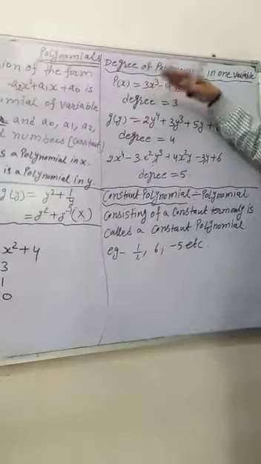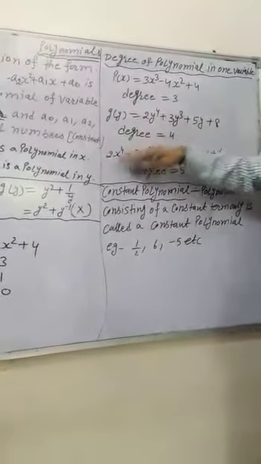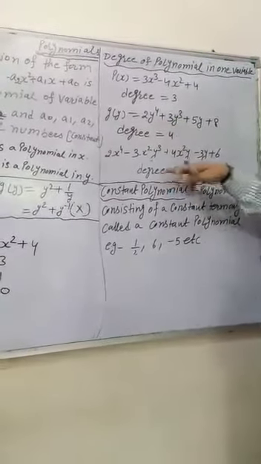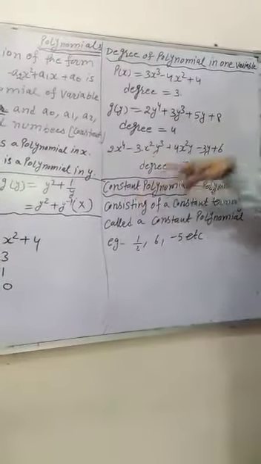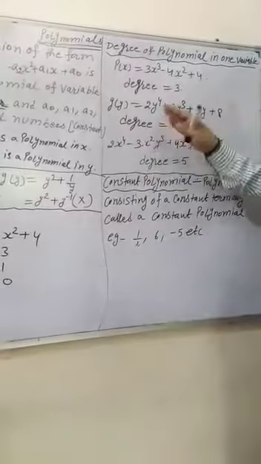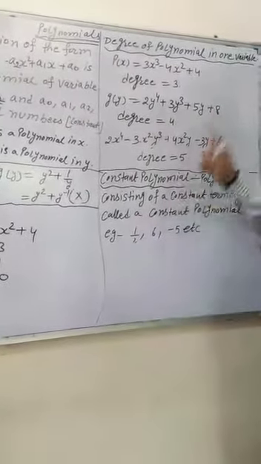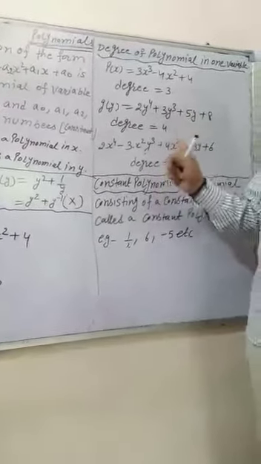This is a variable x, this is a variable y, and this third example is a case in which both the variables occur. In that situation, the degree of this polynomial is 5. Now the next is constant polynomial. A polynomial which has only a constant term is called a constant polynomial, and the degree of a constant polynomial is always 0. That's all.